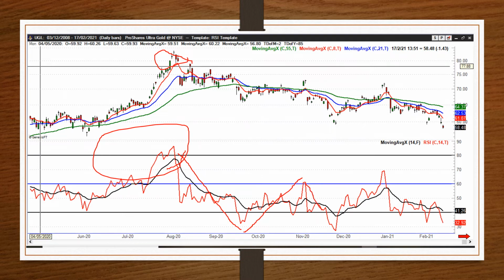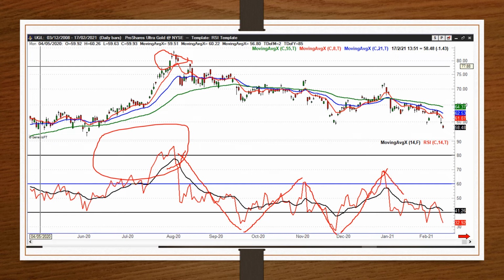Then we go on down and we're well below, again, the bull line, which is the black line, as I said. And then we head back on up, and even though we've gone past the 60, the price is still weak, but it's told us, because it's exceeded the 60, maybe, just maybe, this thing is going to switch over to a bull.